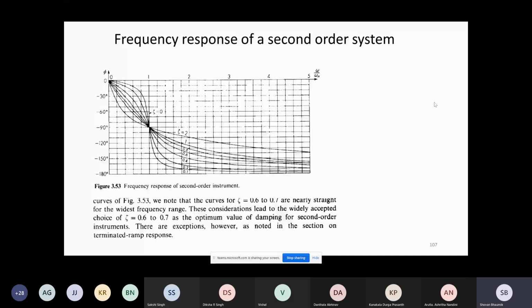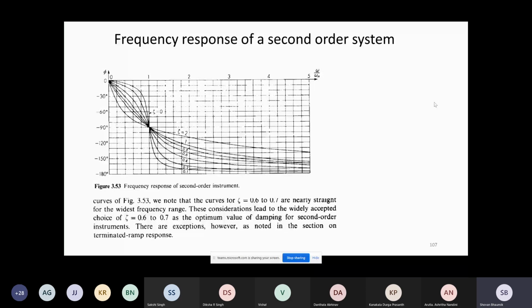You see that it's almost a linear change. From 0 it will keep on increasing as negative values, and then at infinity it will go to minus 180. But if you take zeta very small, you see a sharp change near the corner frequency, which is omega by omega n equals 1.